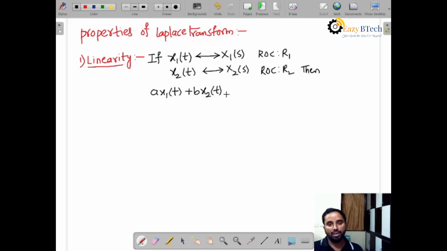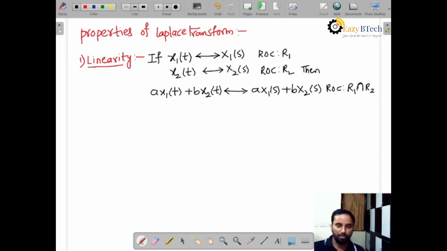So this total Laplace transform is A x1 of s plus B x2 of s, and for this combination, the ROC is R1 intersection R2. Intersection means common of R1 and R2.